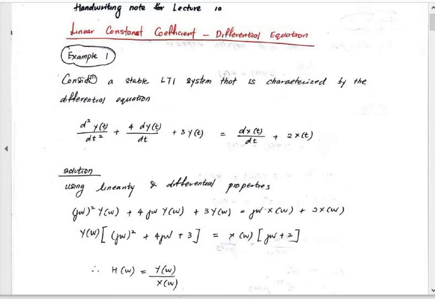Now let's look at an LCCDE example. Consider a stable LTI system that is characterized by the differential equation y triple prime plus 4y double prime plus 4y prime plus 3y equals x prime plus 2x.